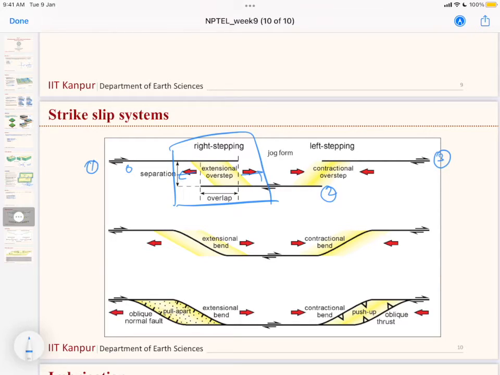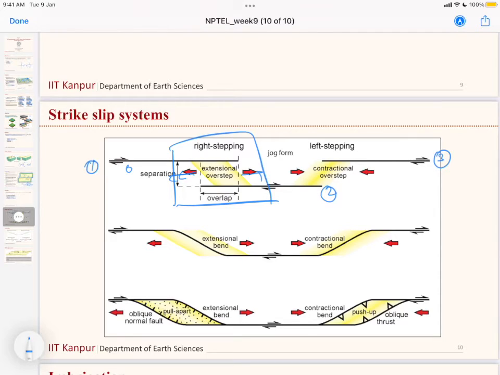I hope you are getting what I meant by the upper block and the lower block. Clear to everyone? So here what kind of system is being created? It's an extensional environment, because the directions are pushing away, they are stretching away. So this is the extensional environment.